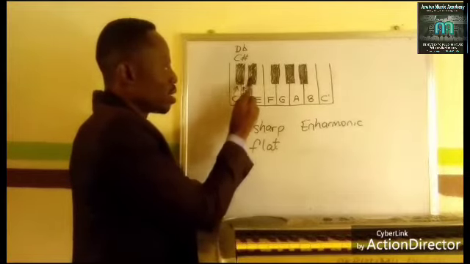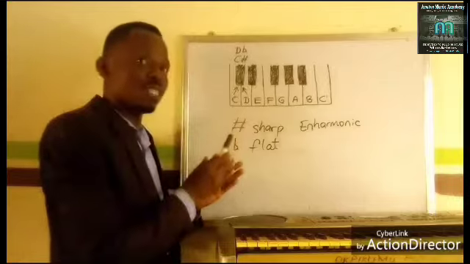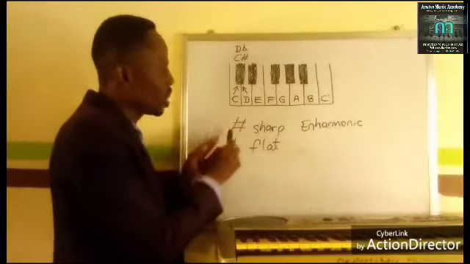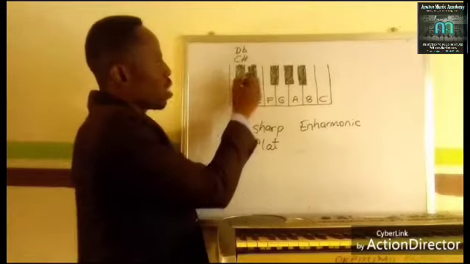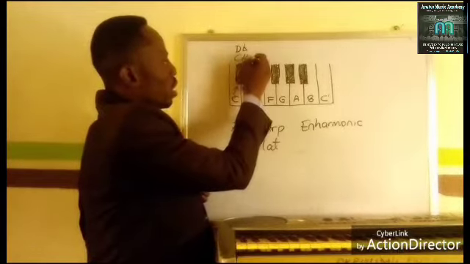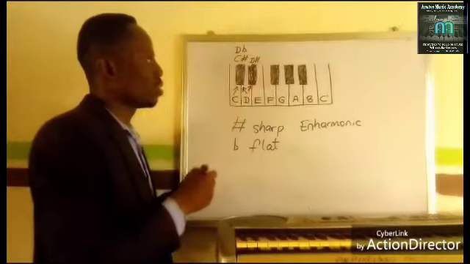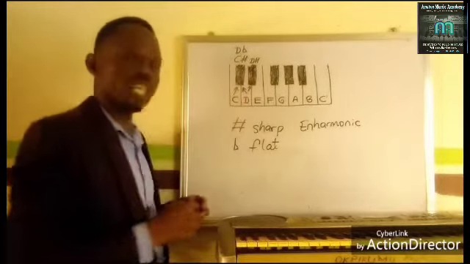So from D to this black note is a distance of a semitone, raised, since we are placing a sharp on D. So placing a sharp on D takes D up to D sharp. So this note you have here is D sharp.